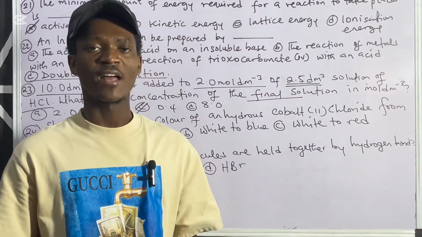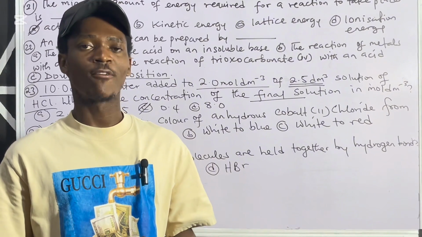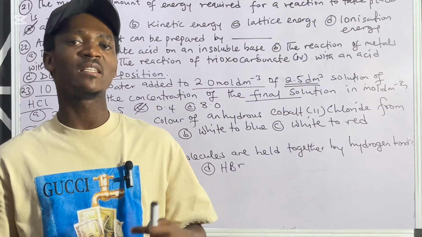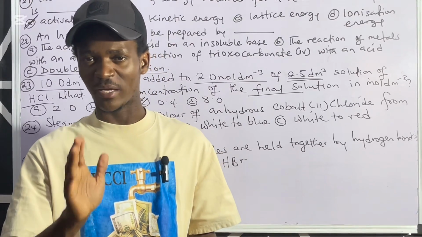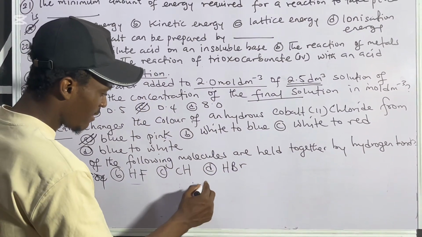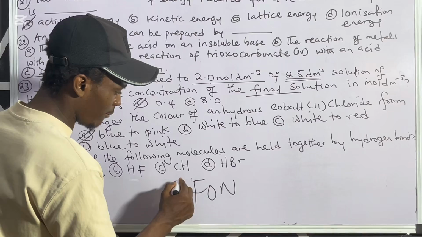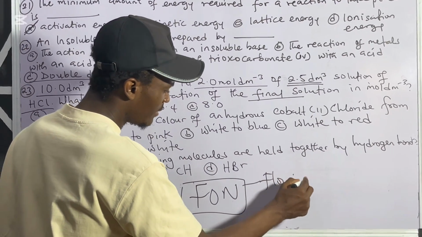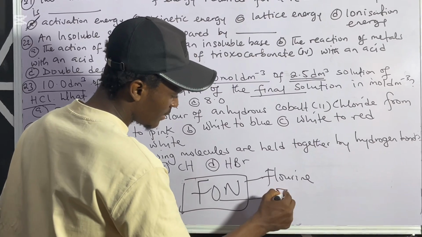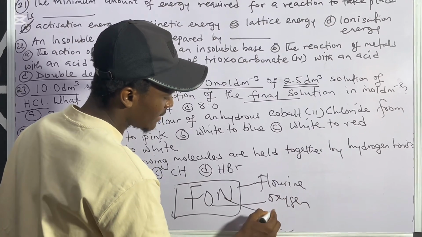So looking at hydrogen bond, how is it formed? It is formed when hydrogen is covalently bonded to highly electronegative elements. And what are these peculiar elements? We have FON, that's what I use as a code, FON, meaning fluorine, oxygen, and nitrogen.